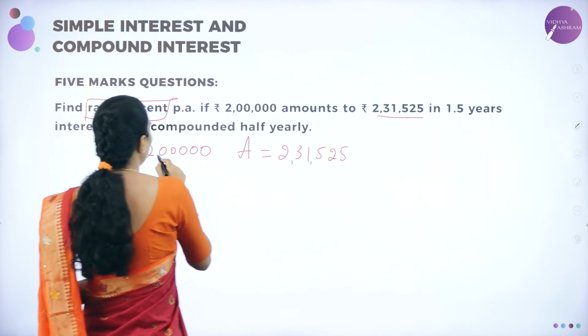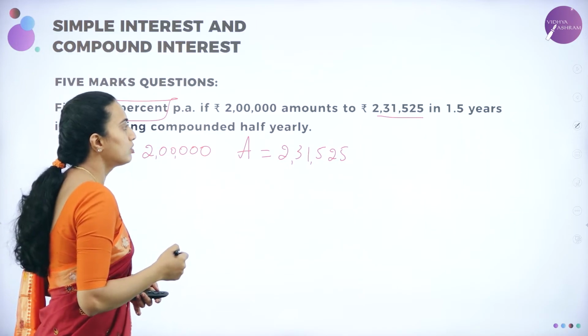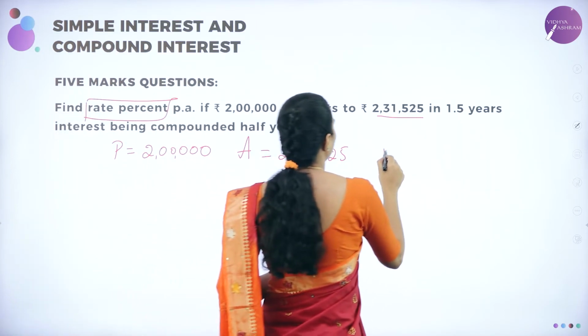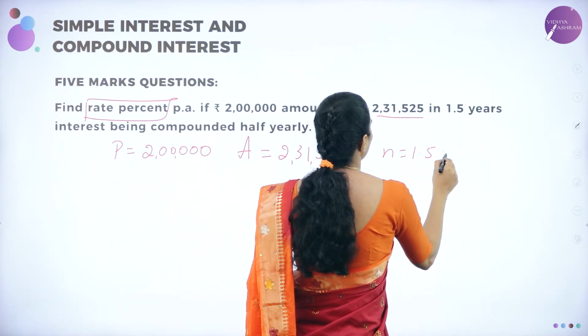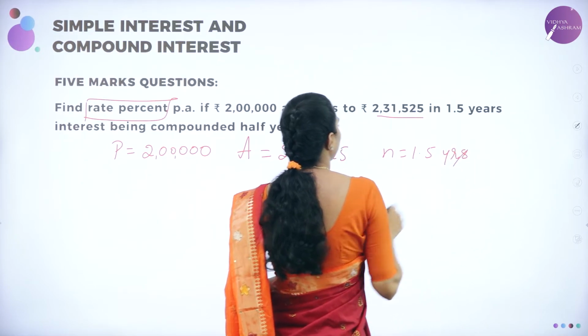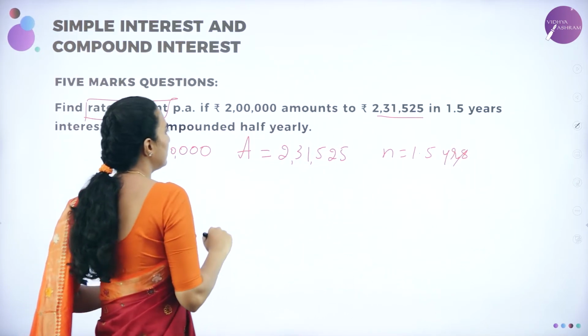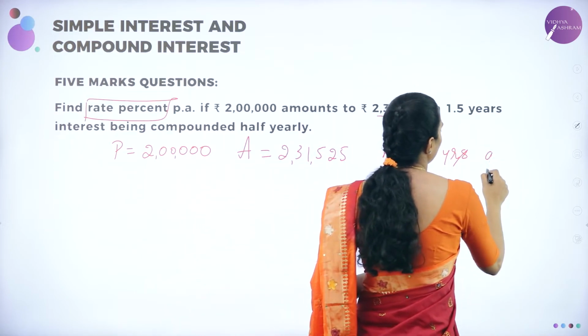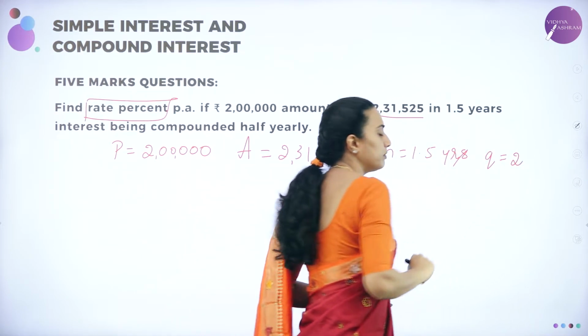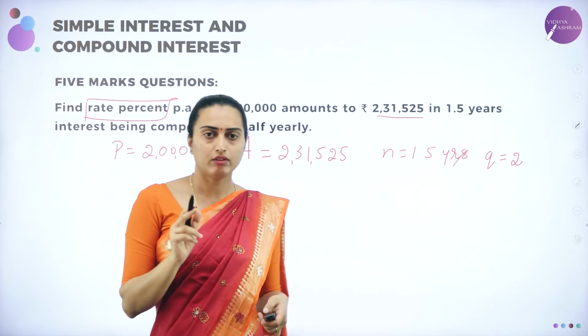And N is equal to 1.5 years. And then Q, half yearly means Q is equal to 2.